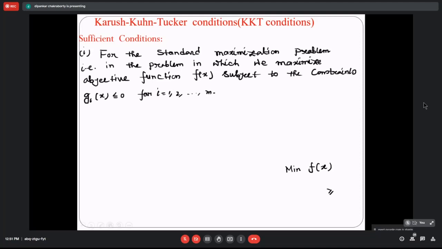Okay, so this type of problem will be called a standard maximization problem. And one thing we should also mention, that x is greater than or equal to 0.